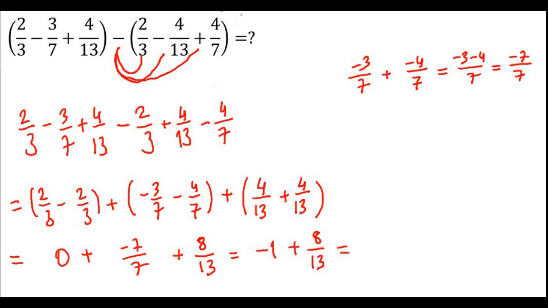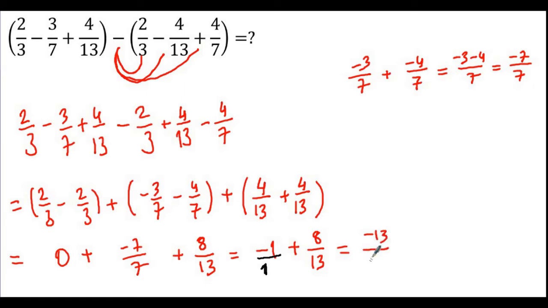So negative 1 is actually negative 1 over 1, right? Negative 1 over 1. So now I can make the denominators equal. So I should make the denominator of this fraction 13. So I can make it negative 13 over 13.